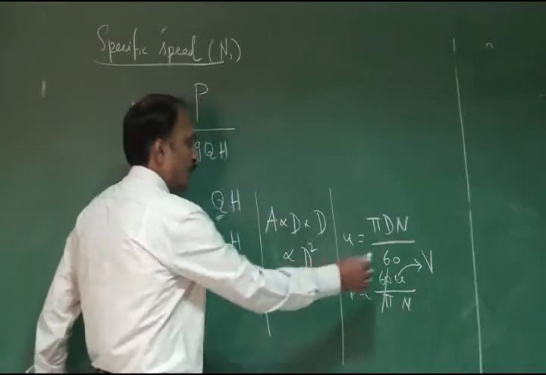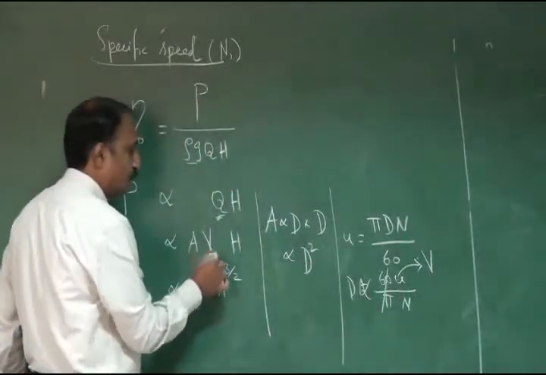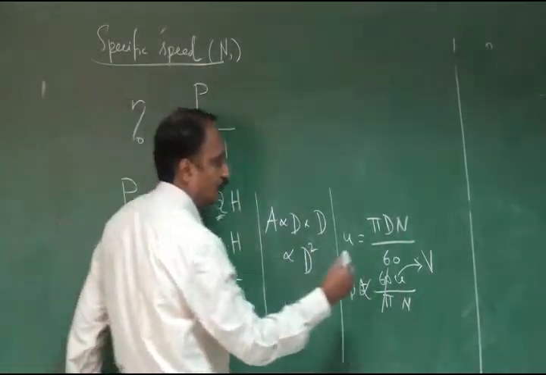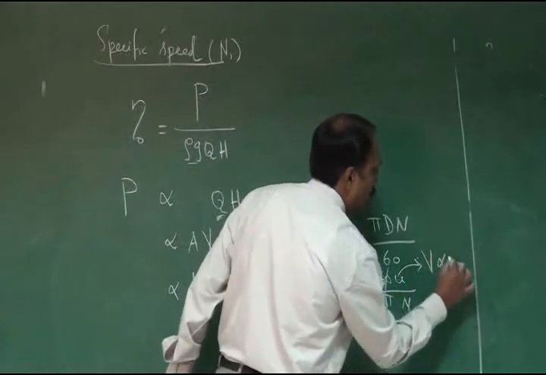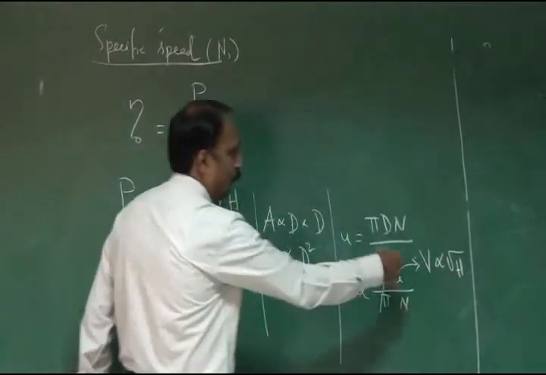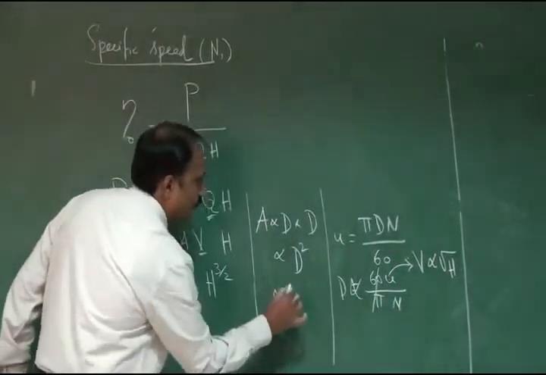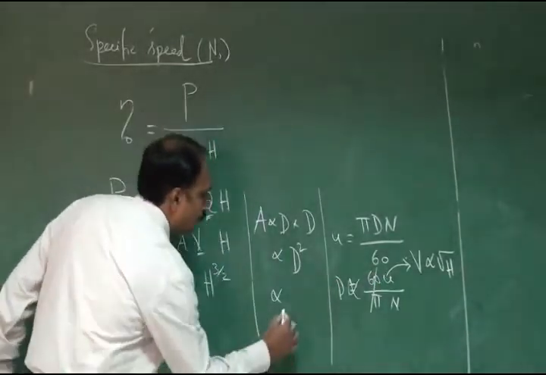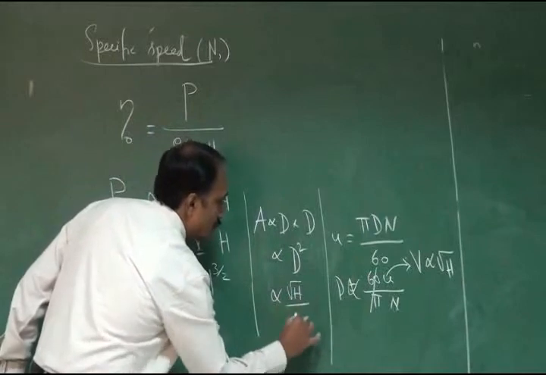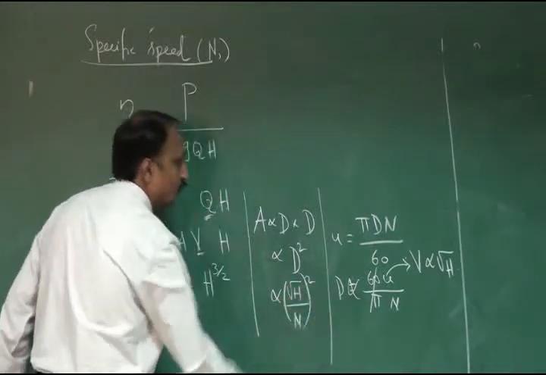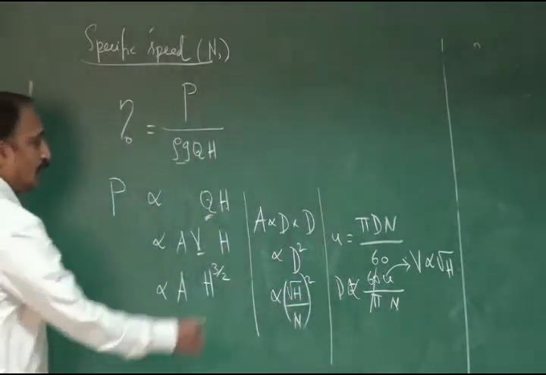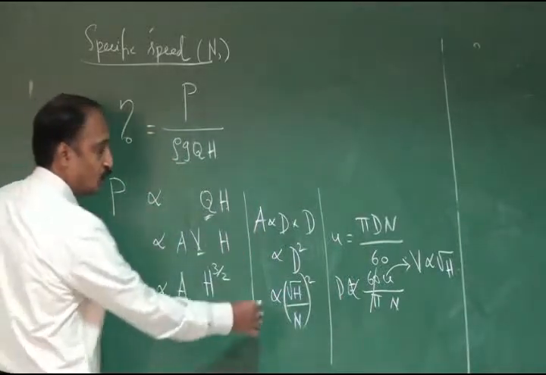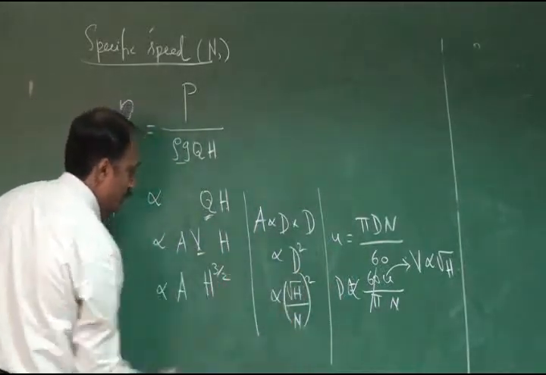And velocity is proportional to root H. Replacing this, D is proportional to root H by N, whole square. Now instead of the area, put the value root H by N, squared.